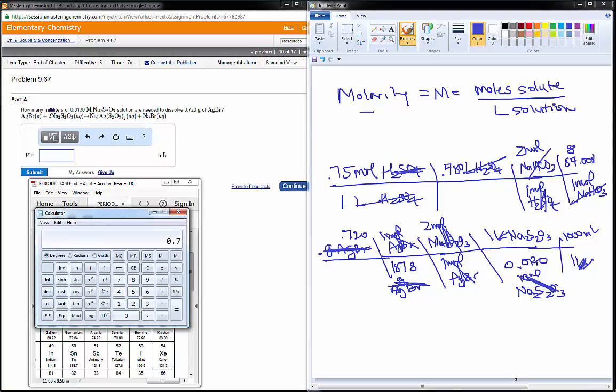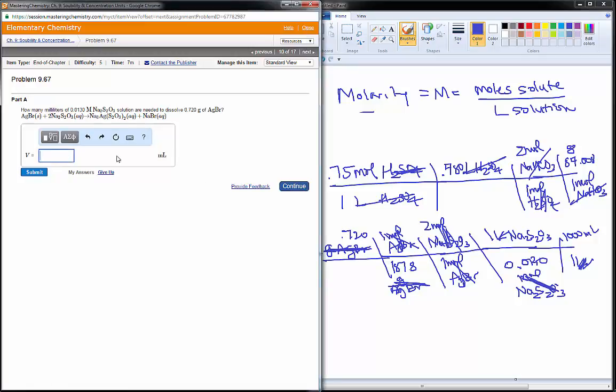So 0.720 grams of silver bromide divided by 187.8 grams of silver bromide per mole, multiplied by 2 moles of Na2S2O3 for every 1 mole of silver bromide, divided by 0.0130 moles of that Na2S2O3 in 1 liter of solution, and multiplied by 1,000 milliliters for every 1 liter of solution, gives me 590 milliliters.